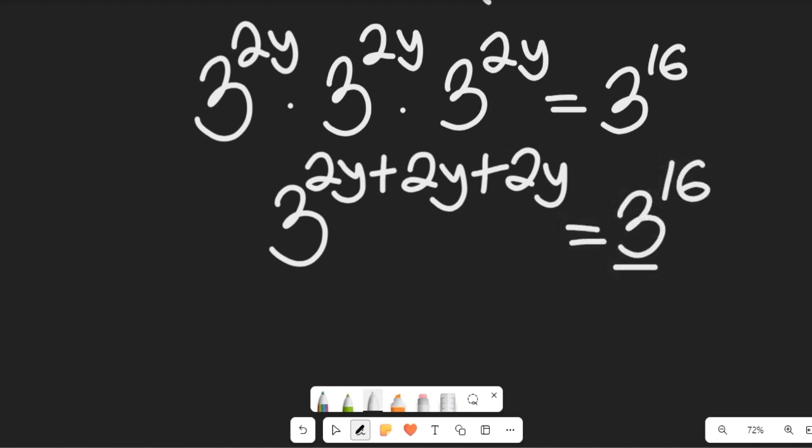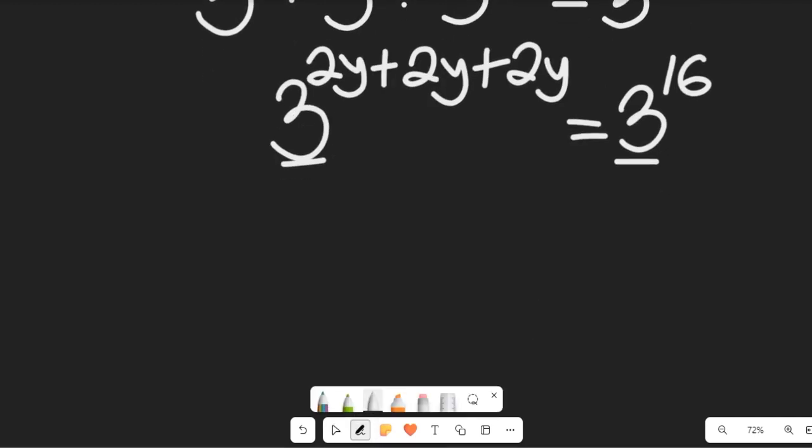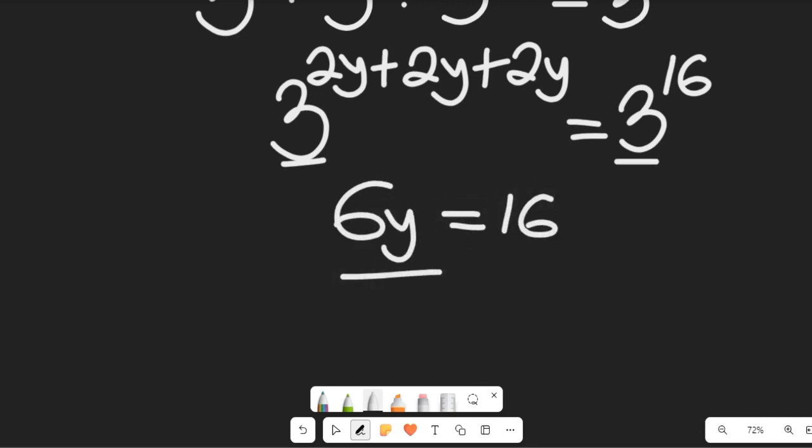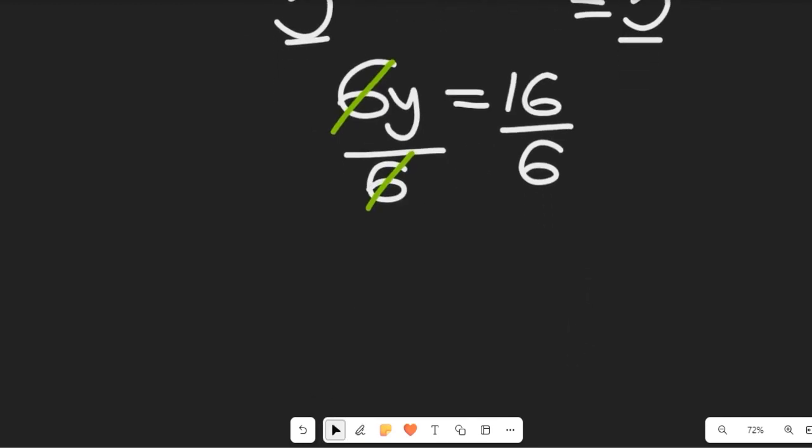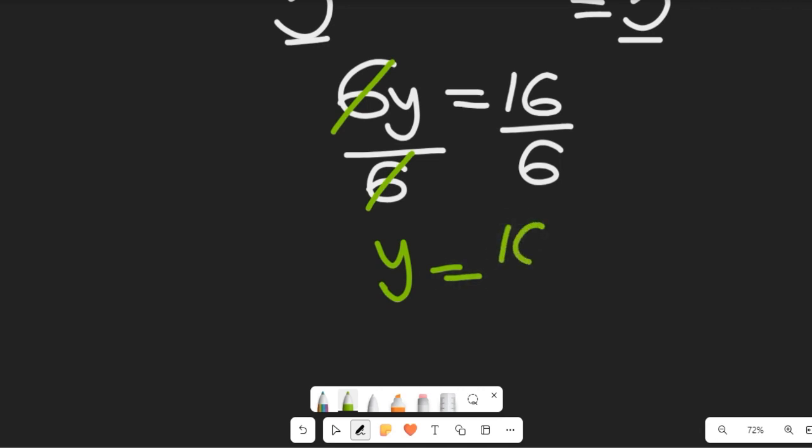Now having the same base, we equate the exponent, and that is going to give us 6y equal to 16. So we divide by 6 on both sides to get the value of y. That expression is going to give us y equal to 16 divided by 6. 16 divided by 2 is going to give us 8, and 6 divided by 2 is going to give us 3.